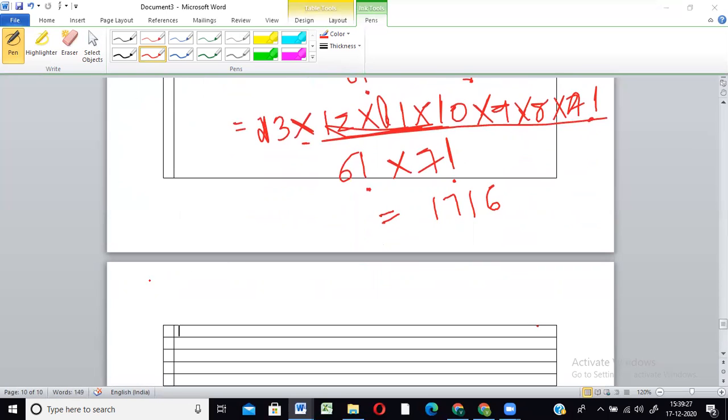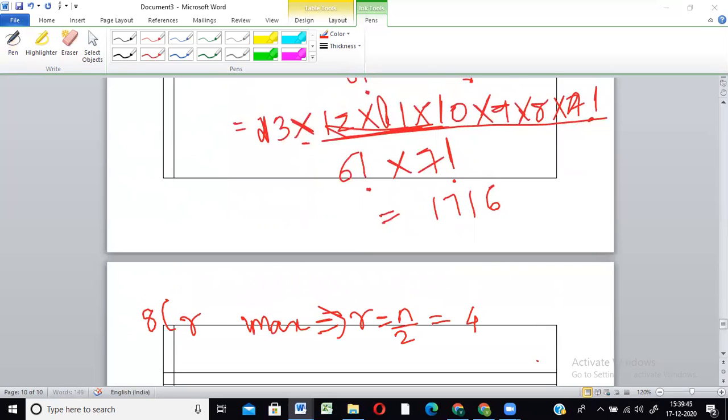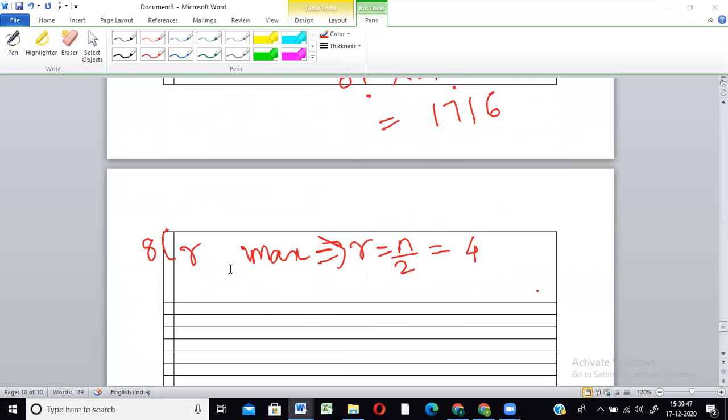Now the other one was 8CR. 8CR, we know that 8 is even. So maximum will be at R is equal to n by 2. So that is nothing but 8 by 2, which is equal to 4. So we are going to find the value of 8C4, which is equal to 8 factorial upon 4 factorial into 8 minus 4 factorial.